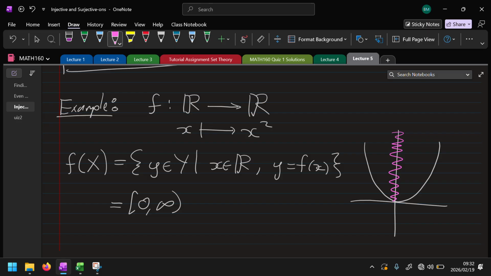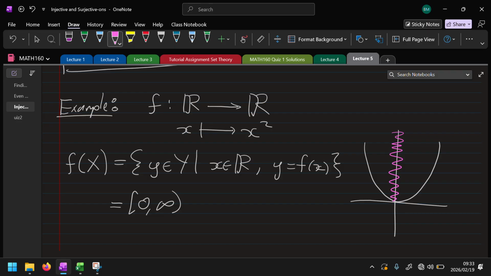Now the question is, is this surjective? Does the range equal the codomain? Is this the same as that up there? Yes? Why are you saying yes? Real numbers, all of the real numbers. Are these all of the real numbers?